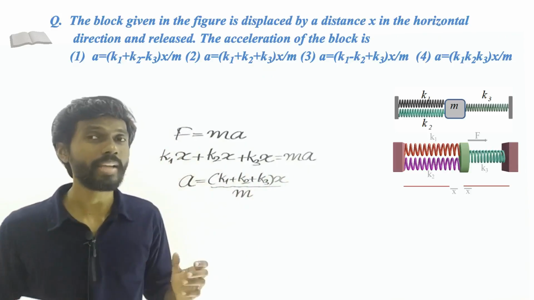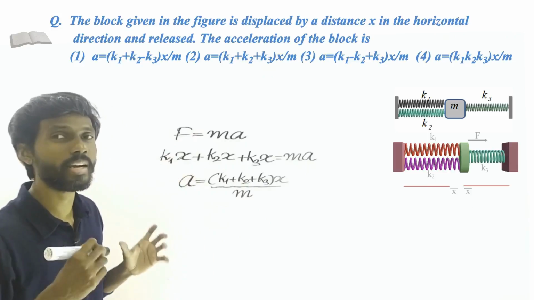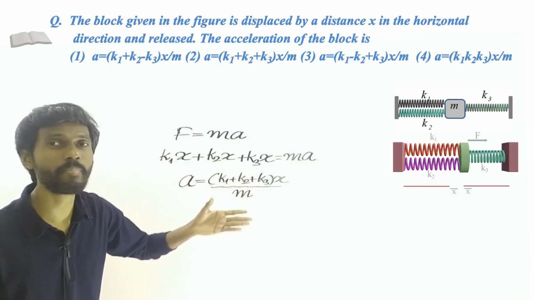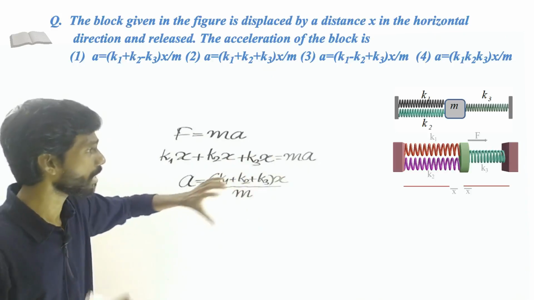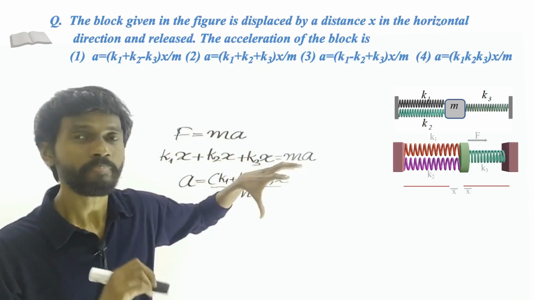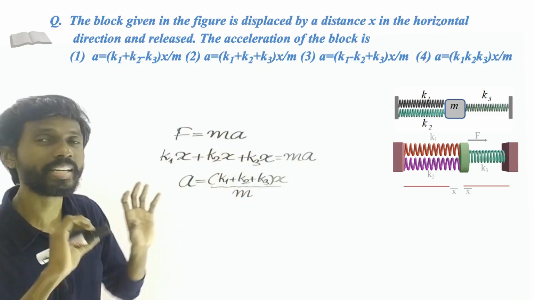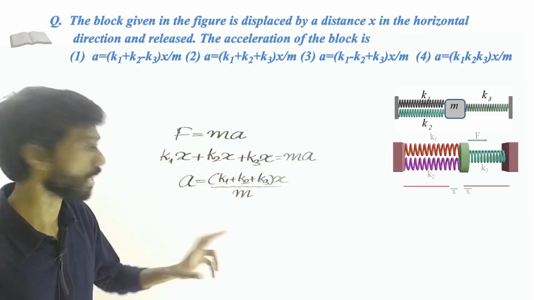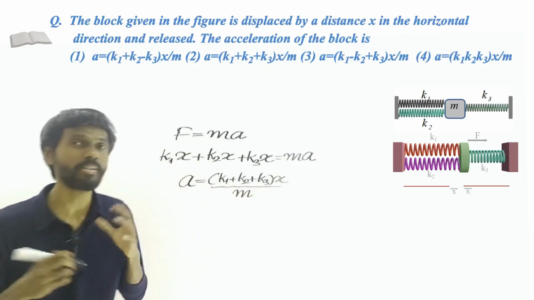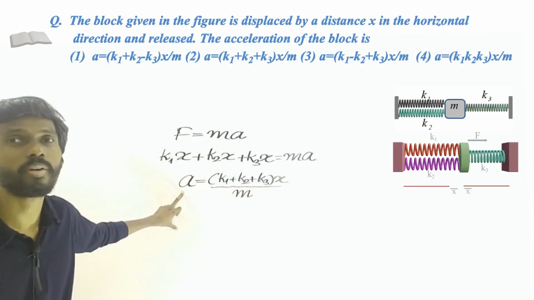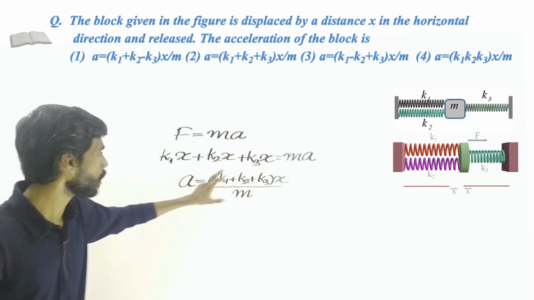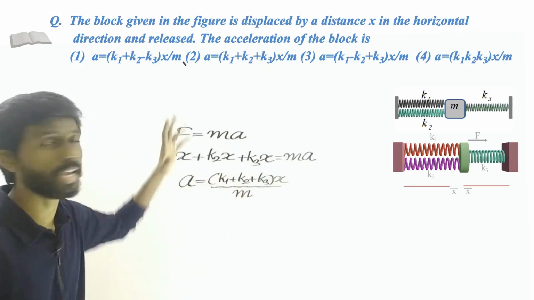That means it is like these three springs are connected in parallel, and it will have the same effect. Though it looks like a series combination, because the block is in the middle, these three springs are connected in parallel. K1 plus K2 plus K3 is the formula for the parallel combination. So this is the acceleration of the given block: K1 plus K2 plus K3, times x, divided by m.